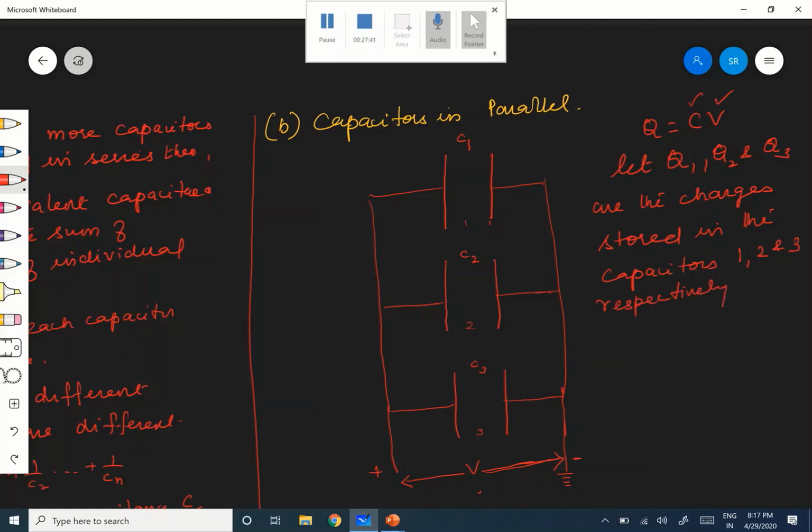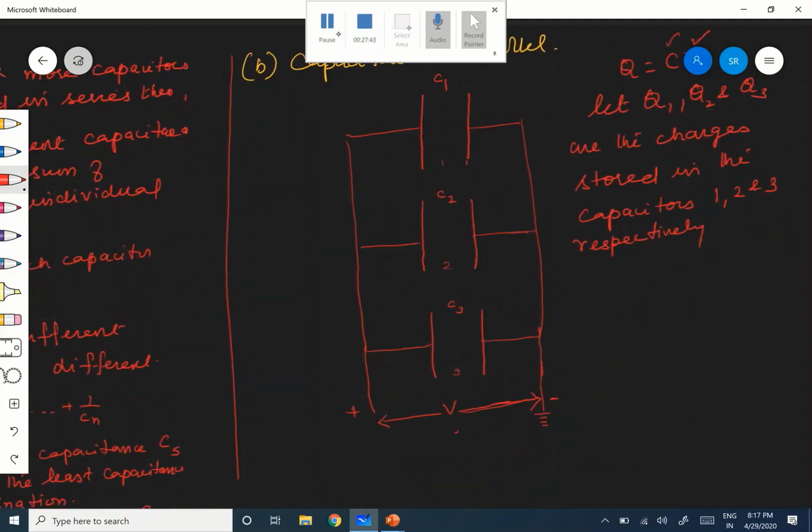Then Q1 is equal to C1V, Q2 is equal to C2V, Q3 is equal to C3V.